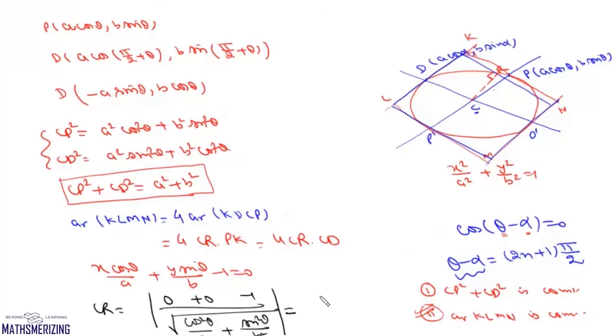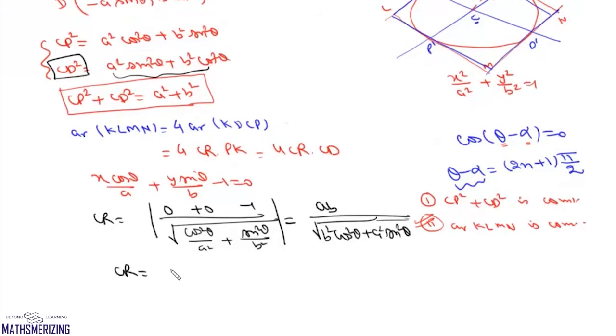So CR will be AB upon under root of B square cos square theta plus A square sin square theta. Now A square sin square theta plus B square cos square theta is nothing but CD square. So CR is equal to AB upon CD, that is, CR into CD is equal to AB.